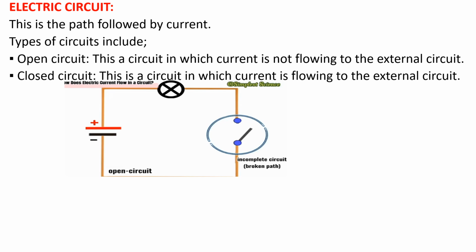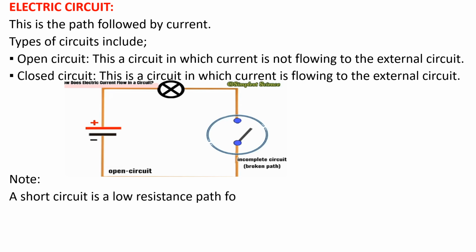This is a circuit in which current is flowing or not flowing, depending on the case, to the external circuit. The external circuit here is what? The bulb. Note, a short circuit is a low resistance path for the flow of current.